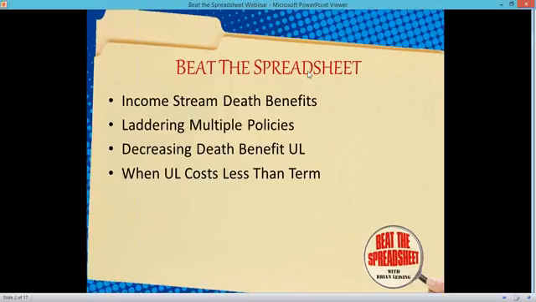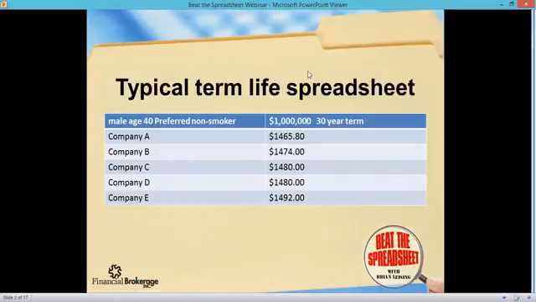There's a unique option with one company we work with here that allows a decreasing death benefit. And there's also a couple of interesting concepts that we got from a couple of our major carriers that prove that in some cases a universal life can indeed cost less than a term policy for your clients. So we'll go over that as well.